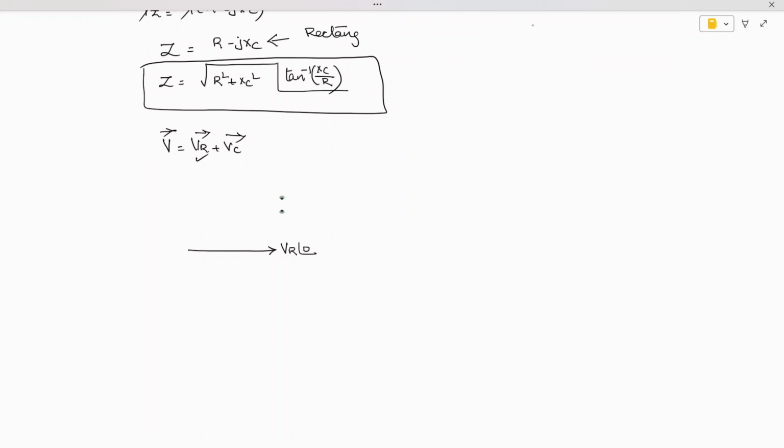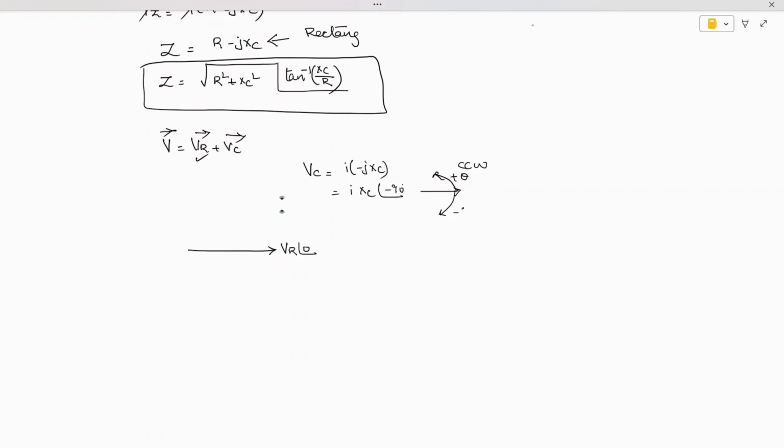And now we want to draw VC. So how to draw VC? VC is equal to I into minus j XC ohms. This I can write as I into XC. What is the angle we get here? Minus 90. If it is plus 90, then we rotate in the counterclockwise direction.